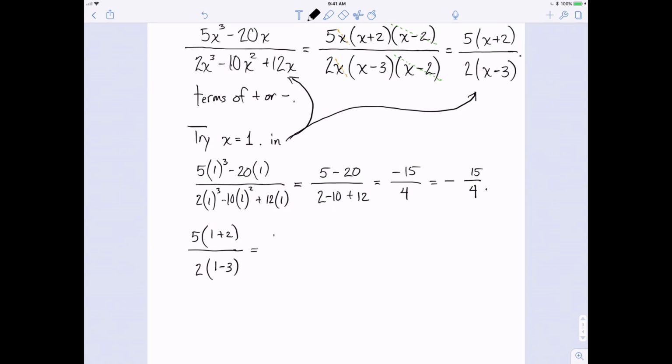So that's 5 times 3, which is 15, over 2 times negative 2, which is negative 4. Remember, the negative can be in the denominator, in the numerator, or out in front. And sure enough, we did our work correctly. And that is how you simplify a rational expression.